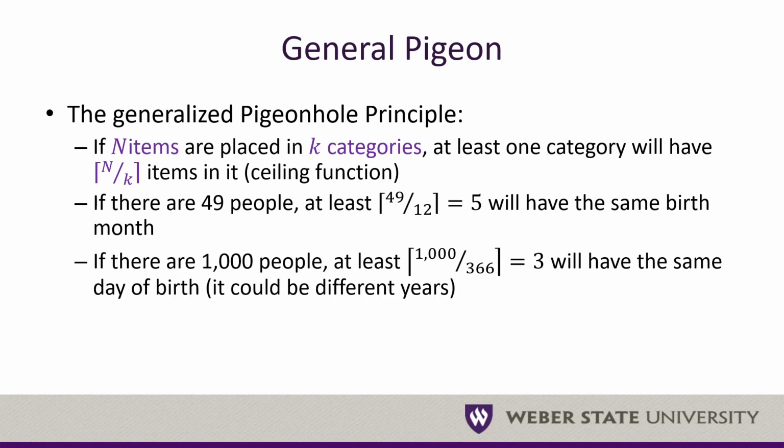If I've got 1,000 people, we know that there are 366 days of the year that can be named. Then I know that at least 3 people are going to have the same day of birth.